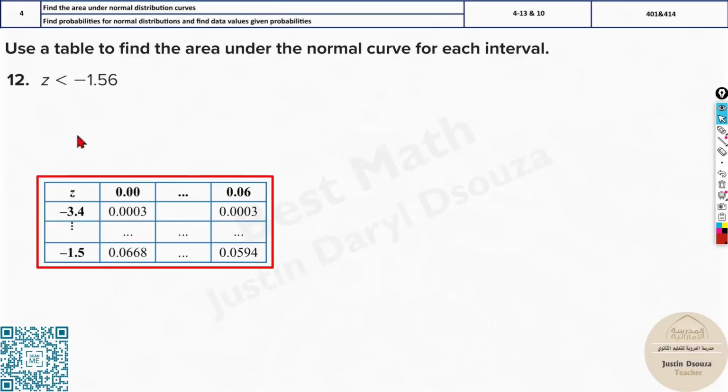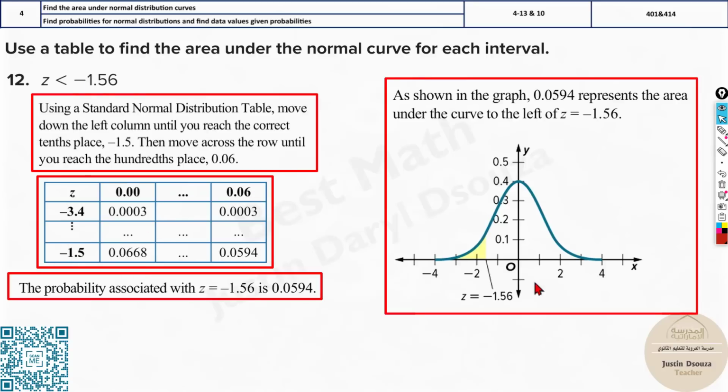It's at the left, so it's minus 1.5 and 6 is there. So it's minus 1.56. That will be this value. So now you know this is the value. See, minus 1.56 is less than minus 2 over here. This particular distribution over here is 0.0594. So then what do we need?